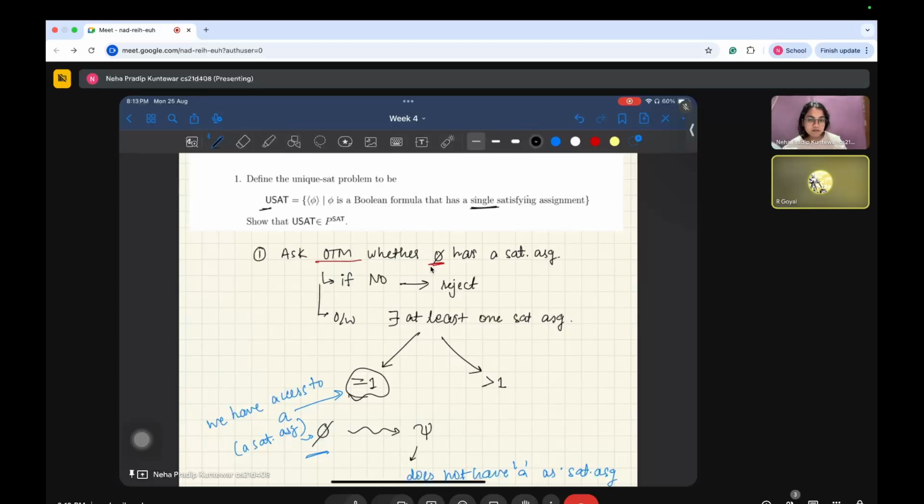The mechanism which we followed just now, probably it will give multiple assignments, so in that case I'll have to take this AND with those three Boolean formulas.